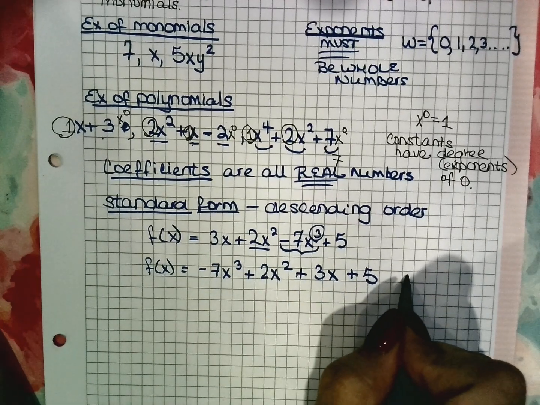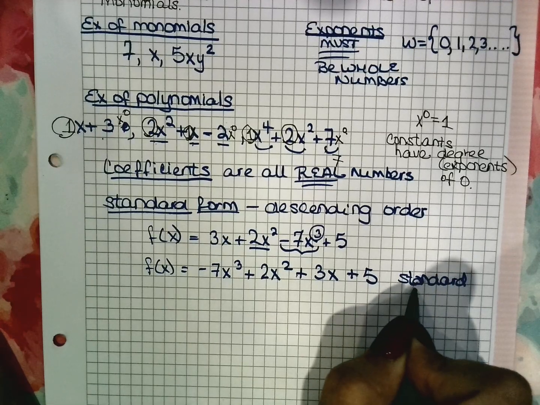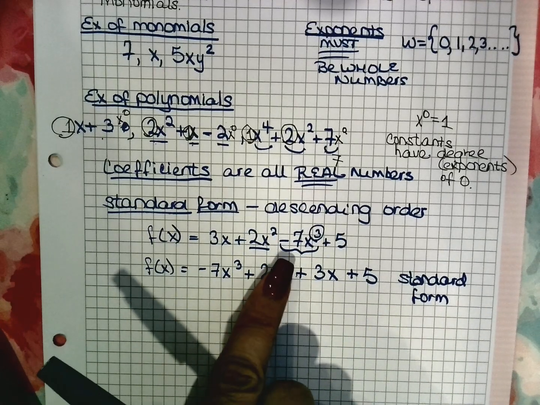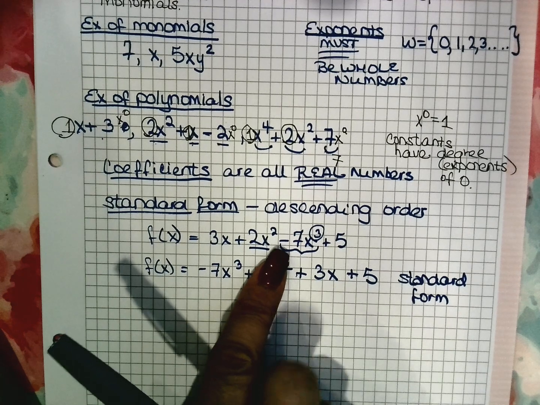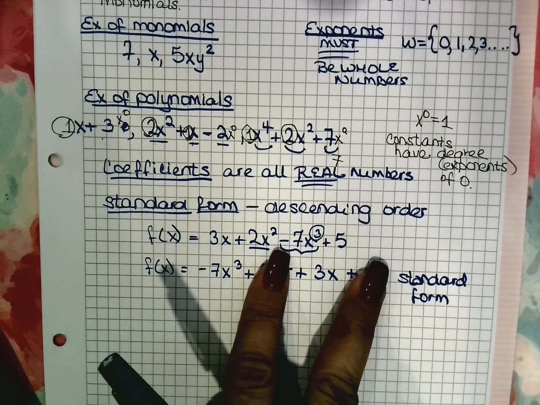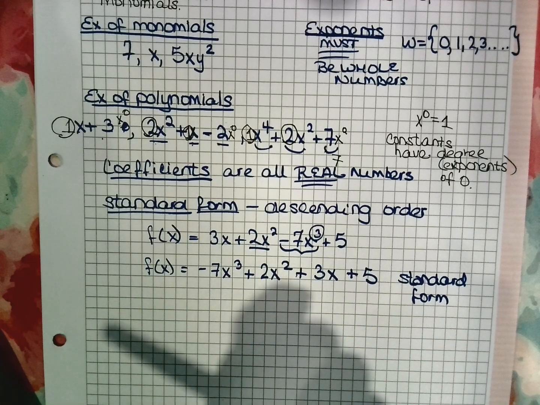This one is in standard form. Now you could be missing terms. For example, you may have a term to the third power. You may not have an x squared term. You may not have a constant, for example. This may be your polynomial, negative 7x to the third plus 3x. That's fine. And it is in standard form because you're ordering it from largest to smallest.